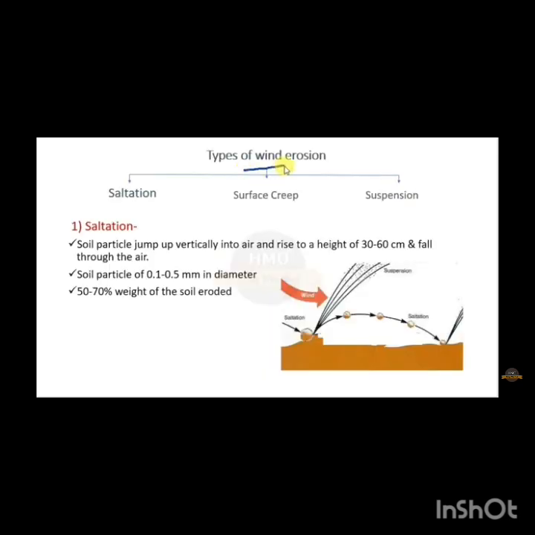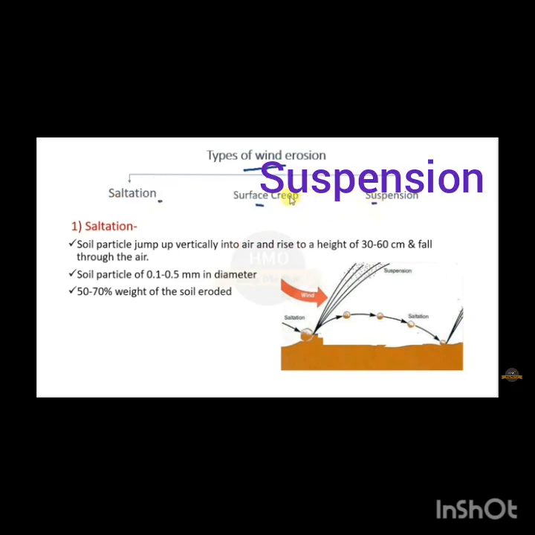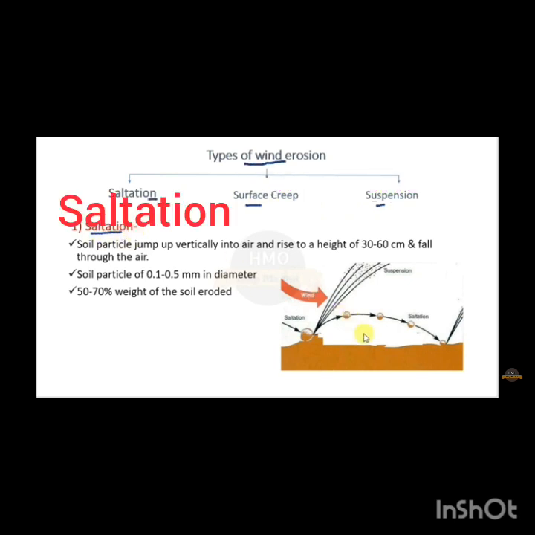Then the types of wind erosion. There are three types of wind erosion: saltation, surface creep, and suspension. So what happens in saltation? In saltation, the soil particles which have a diameter of 0.1 to 0.5 millimeter jump up vertically into the air and rise to a height of 30 to 60 centimeter and fall through the air.